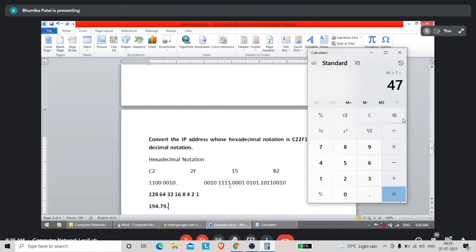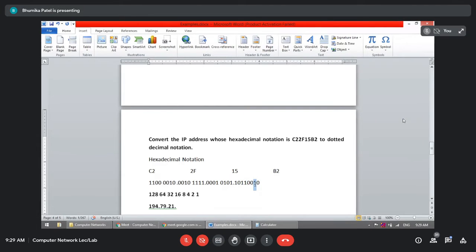Next is 15, which has the 16 bit set to 1, then 4 and 1. If you perform the addition, it will be 21. And last, it is 128 plus 32 plus 16 plus 2. It will be total 226.